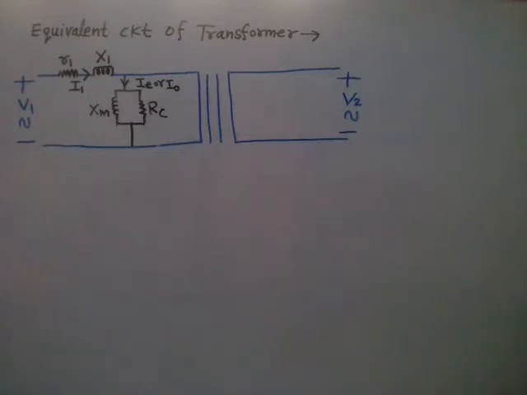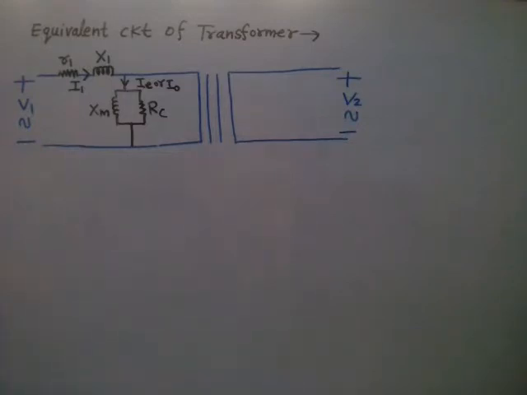So for 10 ampere full load current, the exciting current will be 0.2 ampere to 0.6 ampere. That means 2% to 6% of the full load current. That is the typical value of exciting current or no load magnetizing current in case of a single phase two winding transformer.